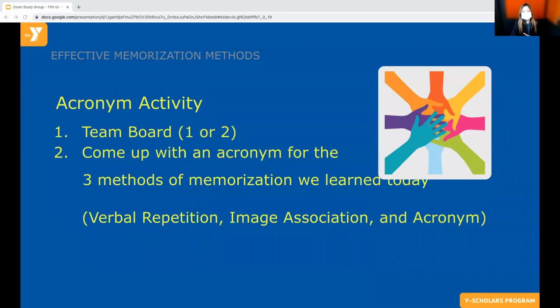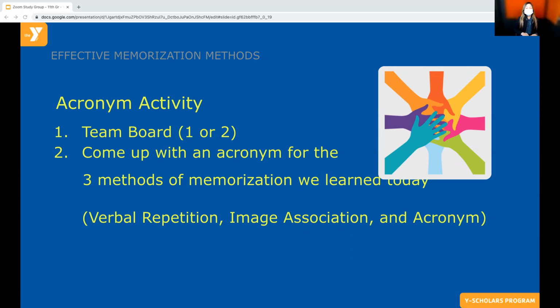One activity that I'd like for us to practice is to, again, create our own acronym. What we're going to do is come up with an acronym for the three methods of memorization we learned today. The three methods are verbal repetition, which comes with saying the words out loud, vocalizing them; image association, drawing pictures that relate to certain subjects and concepts; and acronyms, using the first letters of each word to make a story element or an alternate phrase to help us better our memorization.